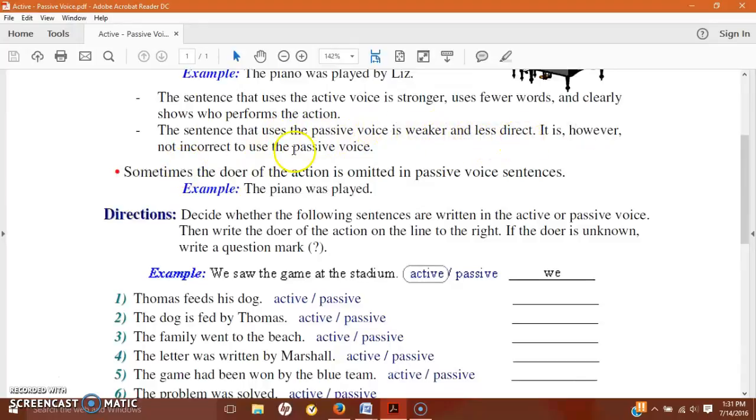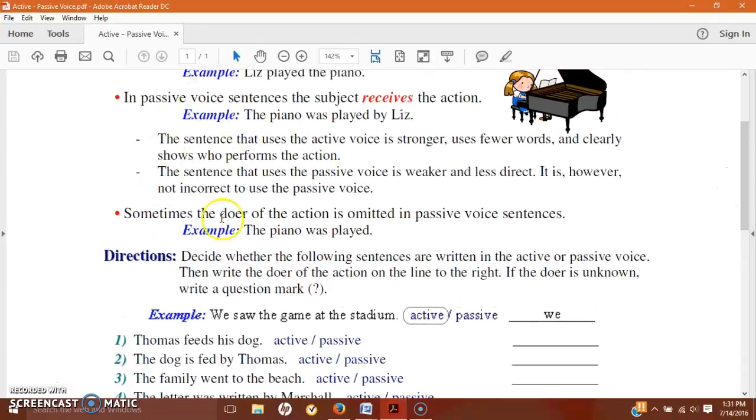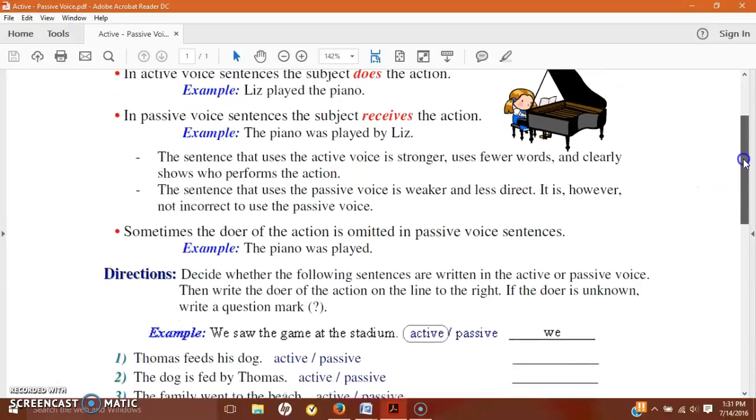It is, however, not incorrect to use the passive voice. That's why I'm saying it's mostly a style issue, but a lot of you are writing every sentence in passive voice, and the true doer of the verb is often left off in your sentences, or it is thrown at the end. So again, we know who is doing the verb if you use active voice.